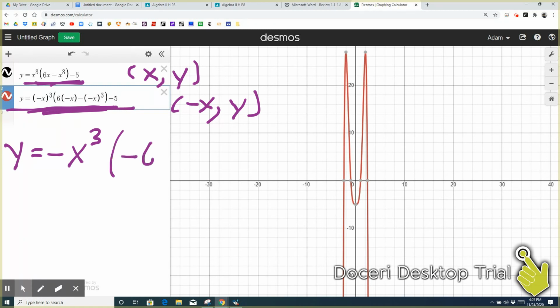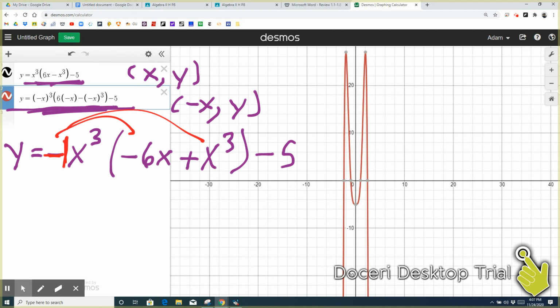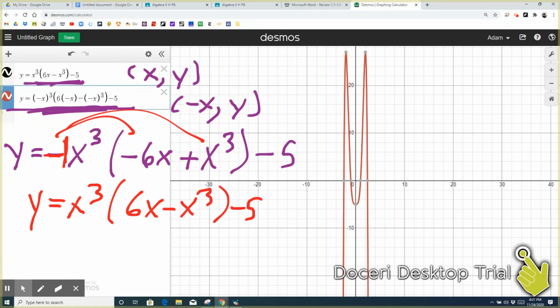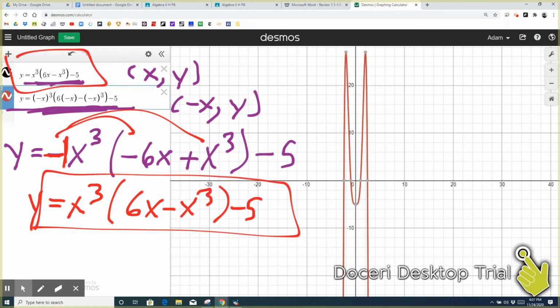And then negative 6x plus x cubed, and then minus 5. Now, if I take this negative here and I distribute it, then I get y is equal to x cubed times 6x minus x cubed minus 5, which is the original equation, which means that this does have y-axis symmetry.